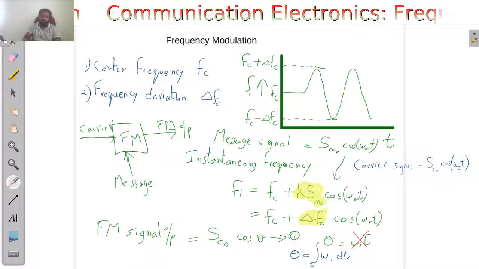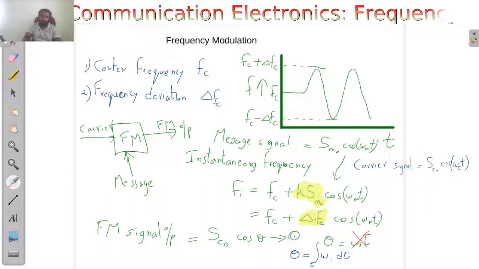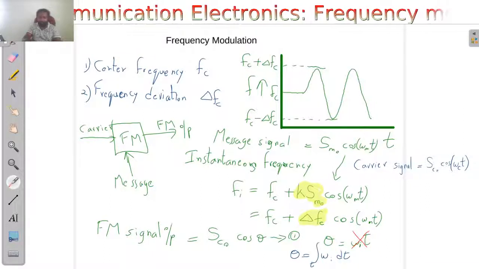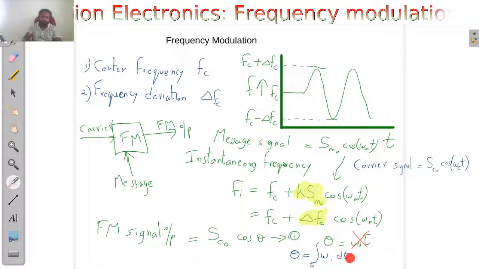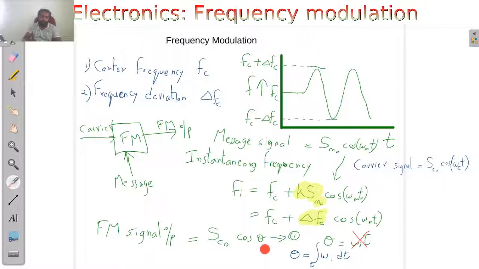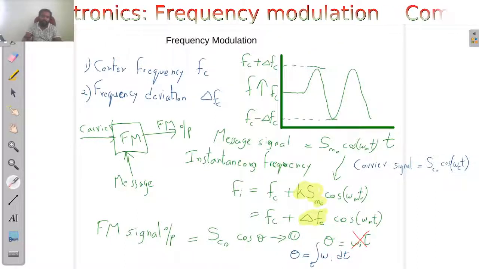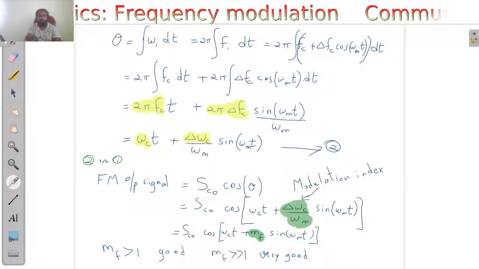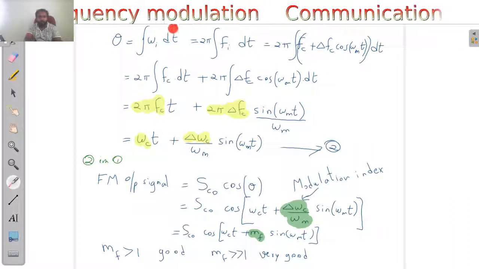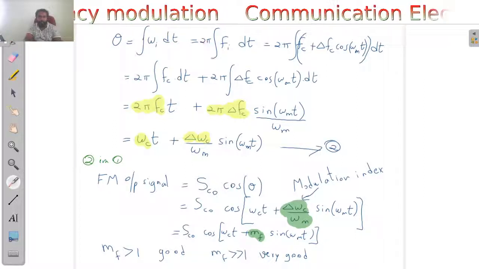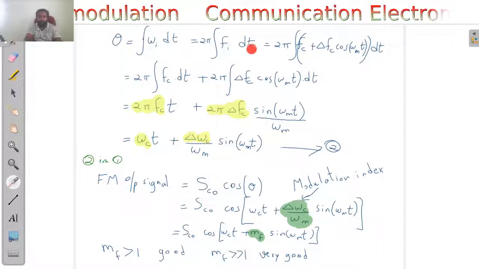So it's not just omega i into t, it is the integral of omega i dt. When I substitute that for theta, you get something like this. Theta is equal to integral omega i dt, which is equal to 2 pi integral fi dt.